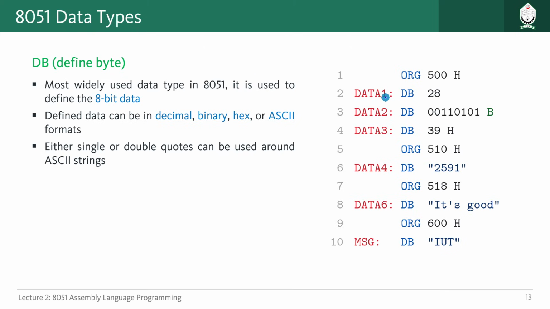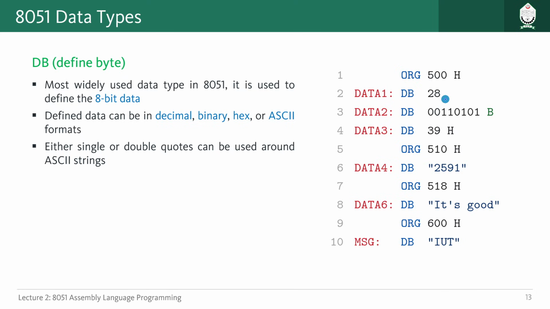In the next line we have data 1, which is 28 in decimal, right? So in the 500H location we have to store 28 in decimal.